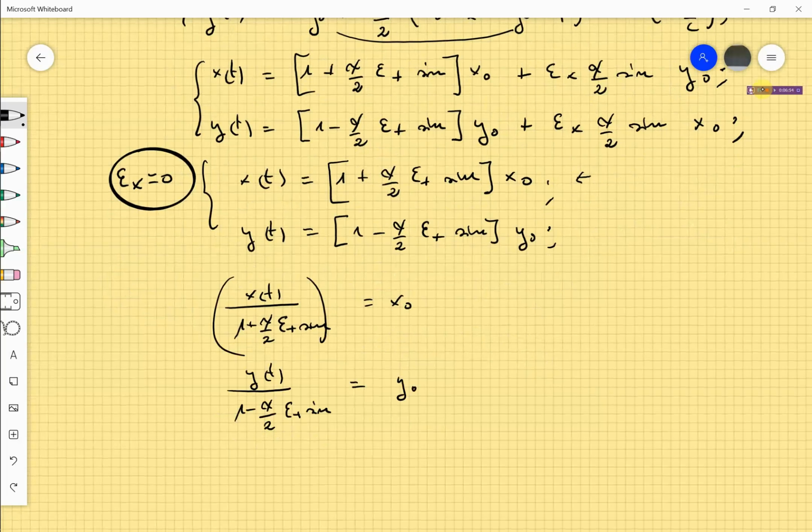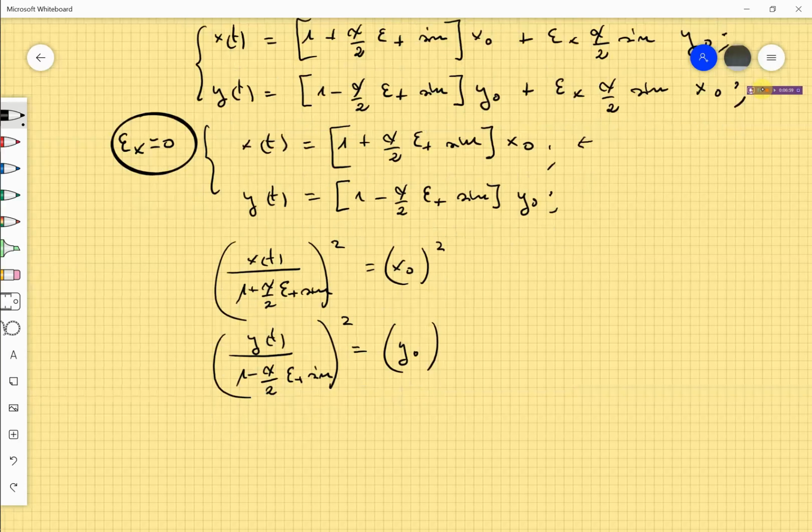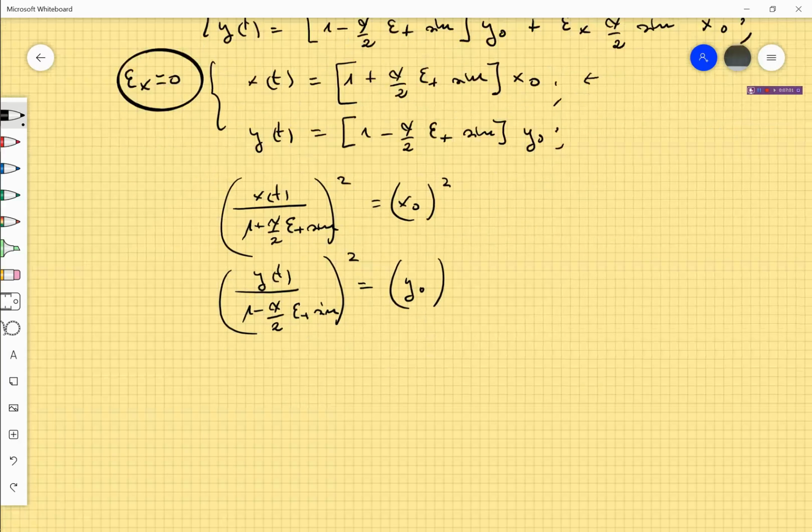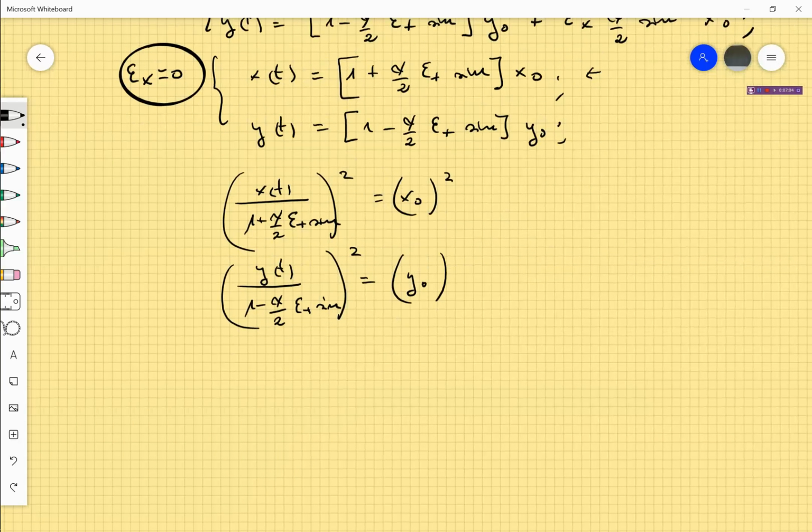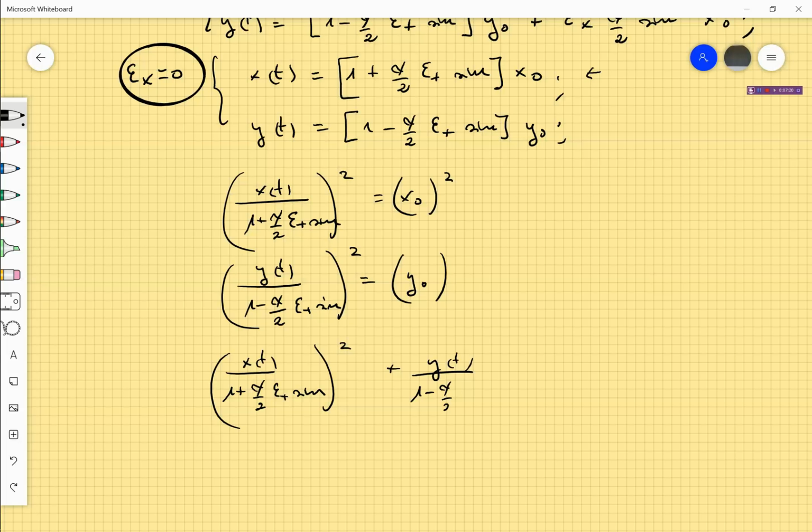Then you square both sides of these two equations, and you sum them, and the result is that x of t divided by 1 plus chi over 2 epsilon plus, and this sine, squared, plus y of t divided by 1 minus chi over 2 epsilon plus sine, squared, is equal to x0 squared plus y0 squared.